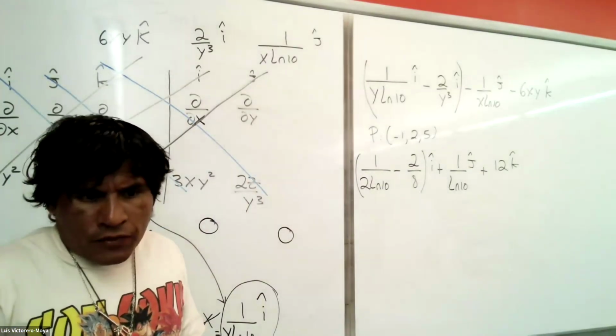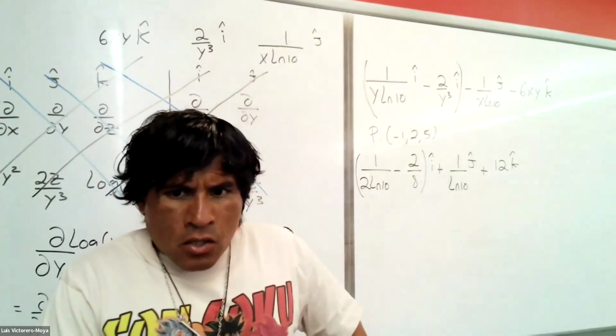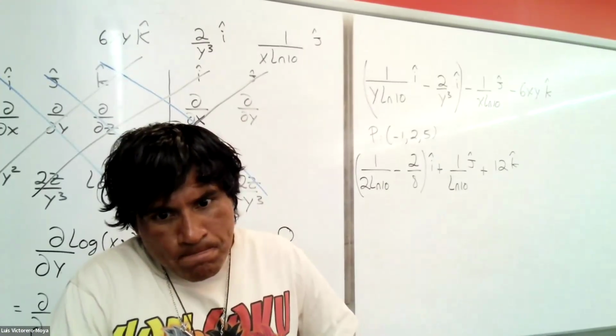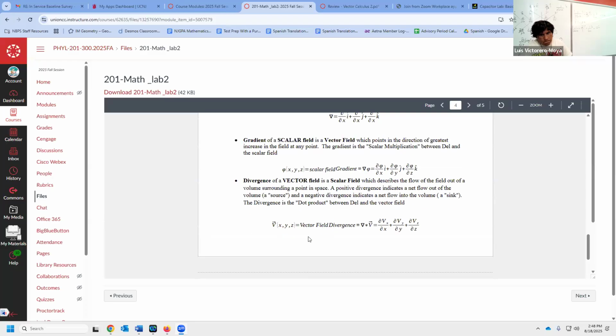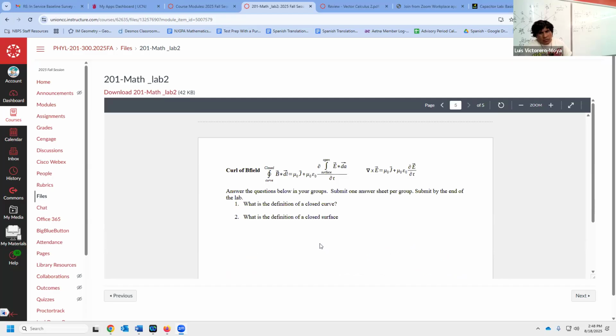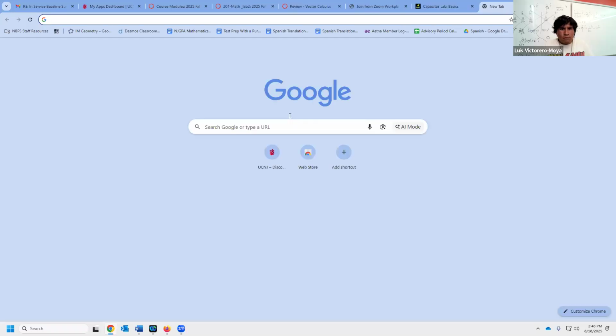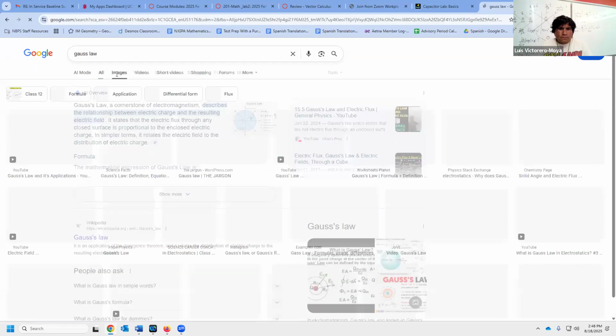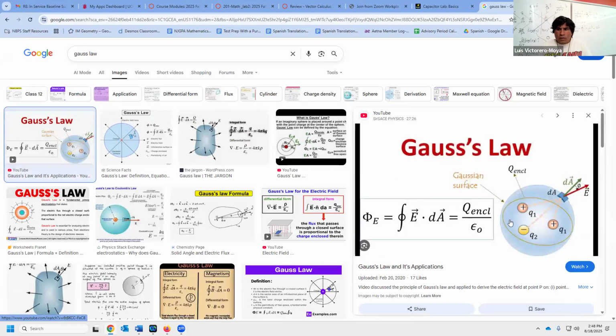So mathematical, the first two labs, as I said, correlate with what you're going to be doing in the first week or even 2 weeks of classes. That's basically what you have to do here. Then you have to define closed curves and closed surfaces. If you check Gauss's law, for example, Gauss's law uses an enclosed surface.